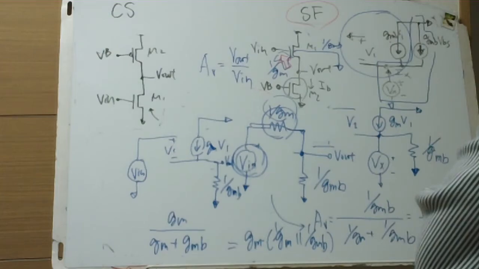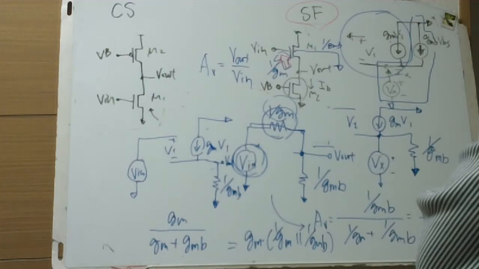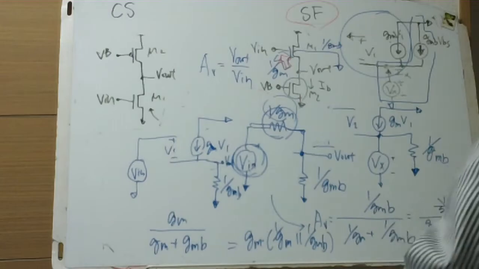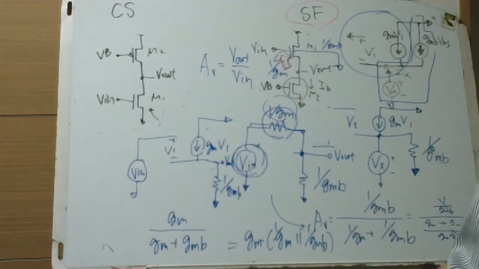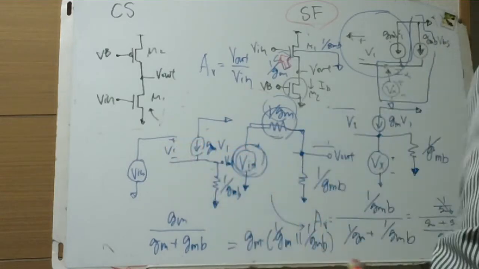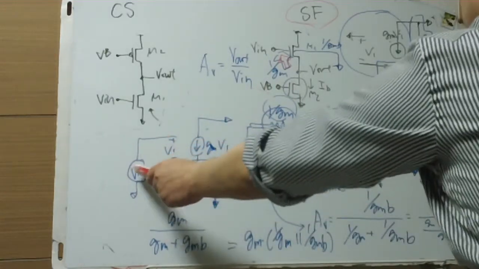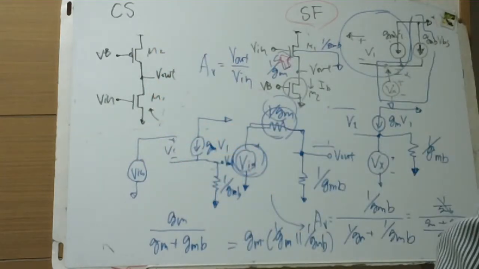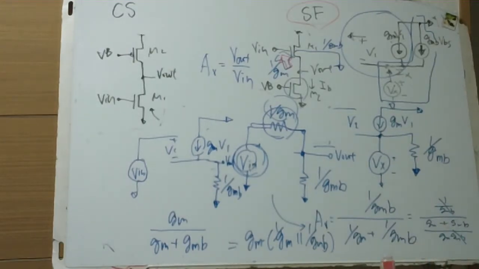V1 moves, V in moves, V out moves. But if V1 doesn't move, Gm V1 equals 0. In a small signal sense, Gm V1 equals 0 if V1 equals 0, which means V out exactly follows V in, not approximately.